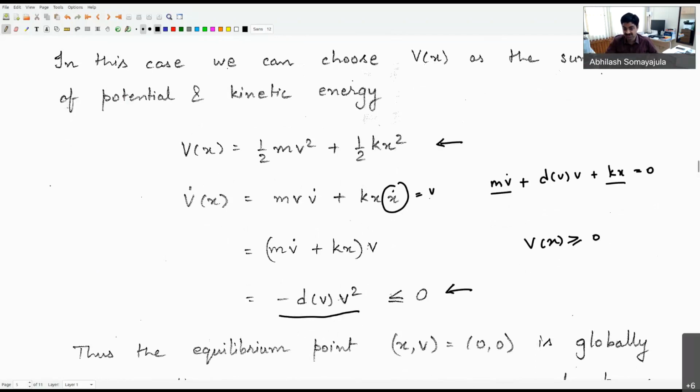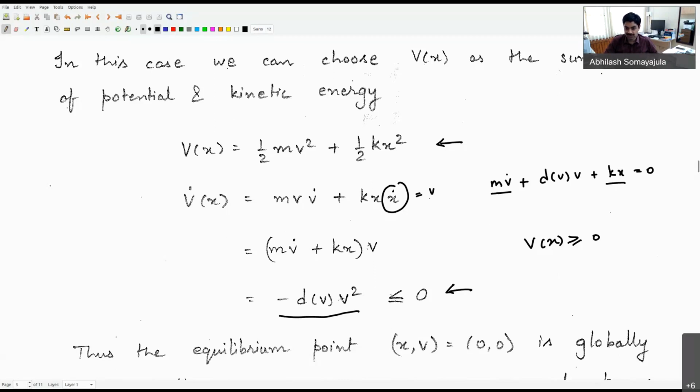This theorem which we have just now applied doesn't give us asymptotic stability, because x can be non-zero but v being 0, the system will still have V dot equal to 0. Are you following me?